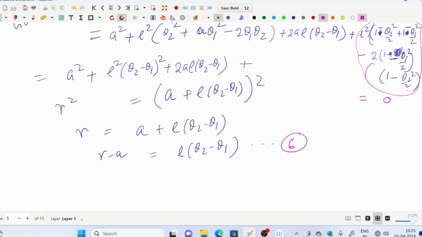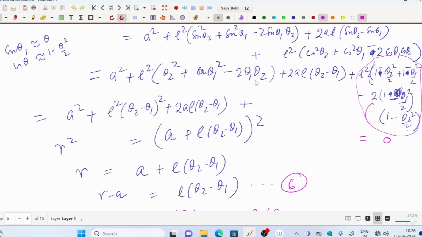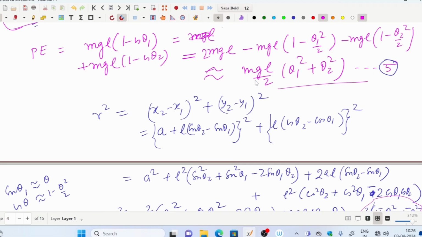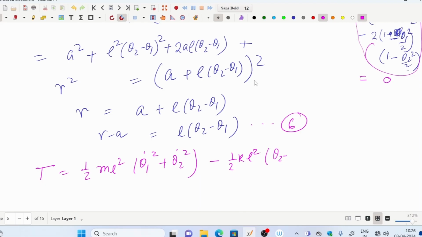So my final Lagrangian for this will be, let me write, half m L square theta 1 dot square plus theta 2 dot square. This is the kinetic energy term. And then the potential energy term. I have to collect from mg L by 2 theta 1 square, and half k, okay, where k will be coming from.